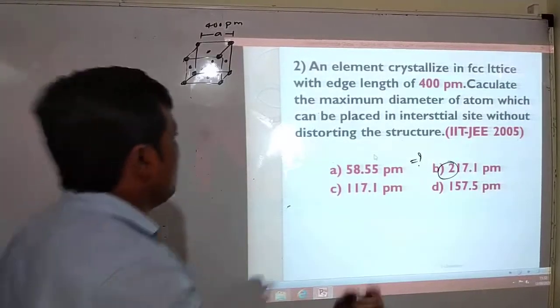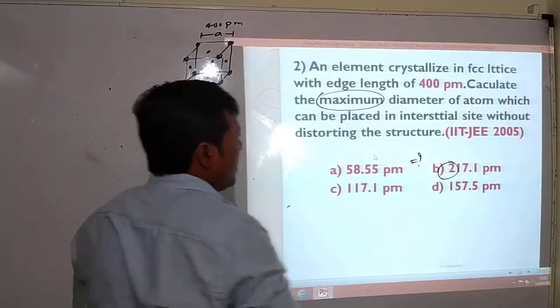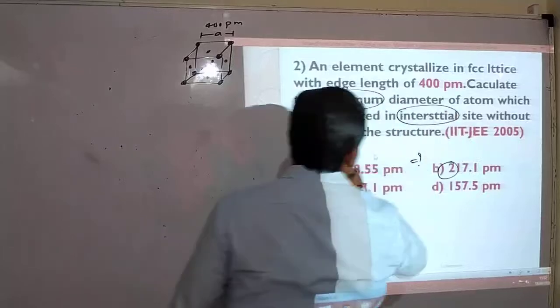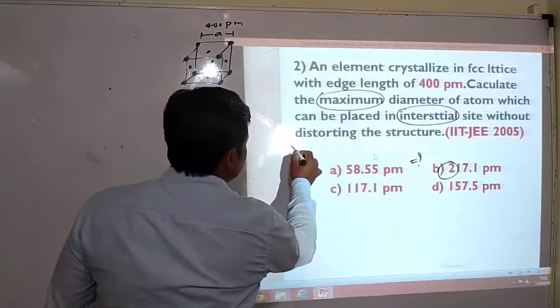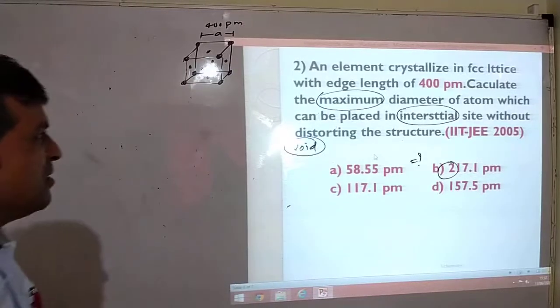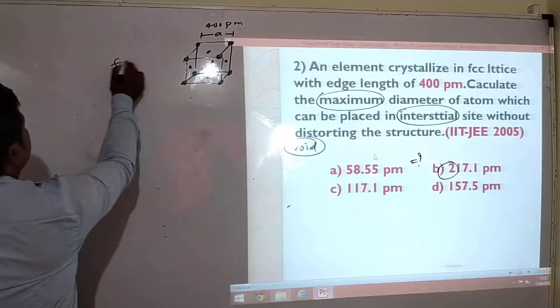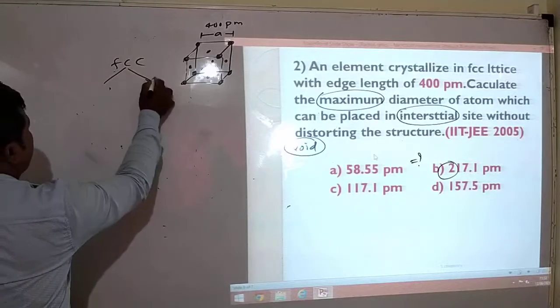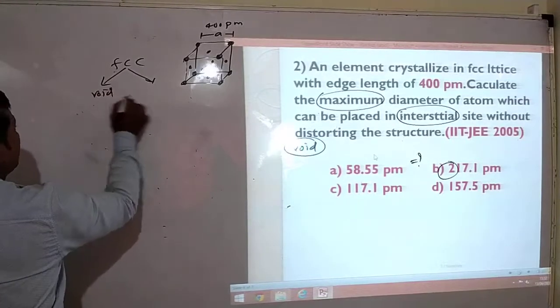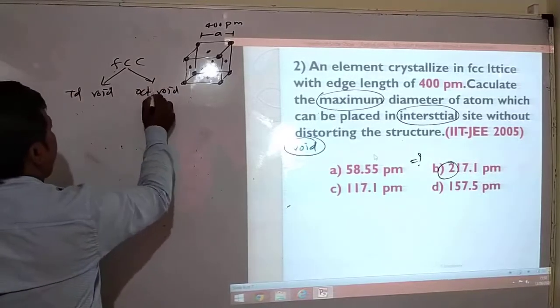Okay, so the word maximum is most important, right? Then interstitial site. So interstitial site is void, no doubt. Now, for FCC structure, there are two types of void: tetrahedral void and octahedral void.